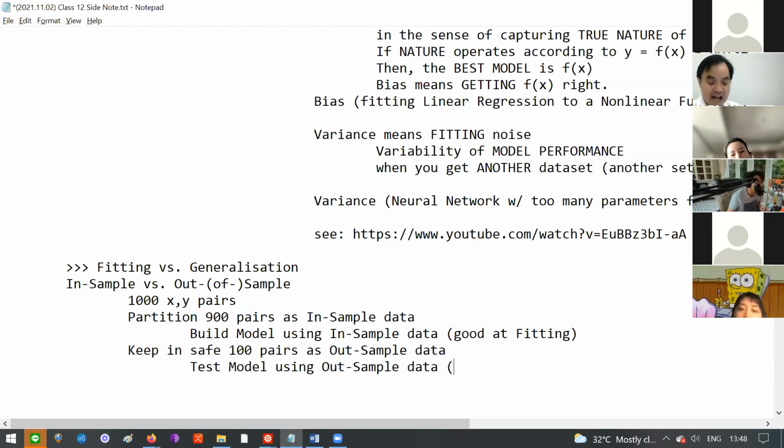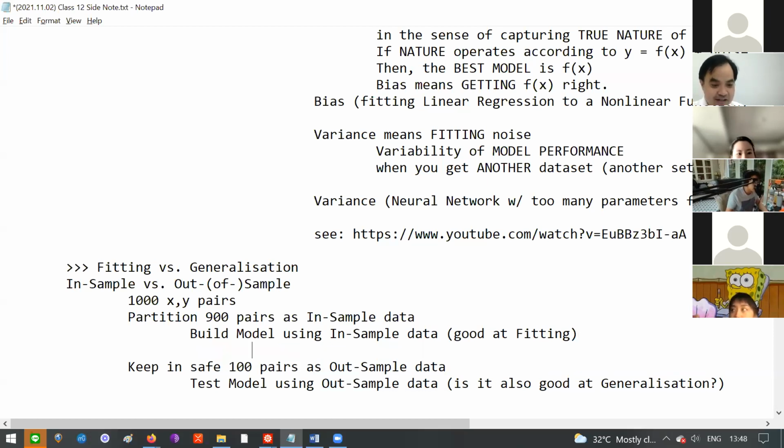This means, is it also good at generalization? This is something you actively do, and this is what all the machine learning algorithms, like gradient descent, are designed to do.